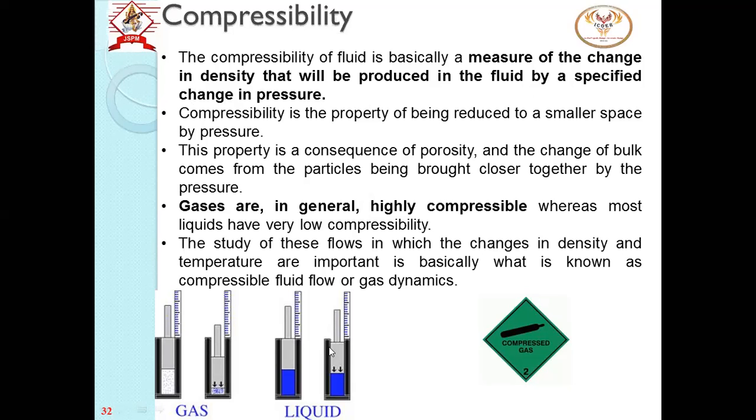When you apply pressure, the liquid compresses very slightly. But in case of gas, it will compress more. Why? The molecules are very wide apart from each other. The distance between the molecules is large and therefore gases can be compressed. But in case of liquid, we can't compress, right?